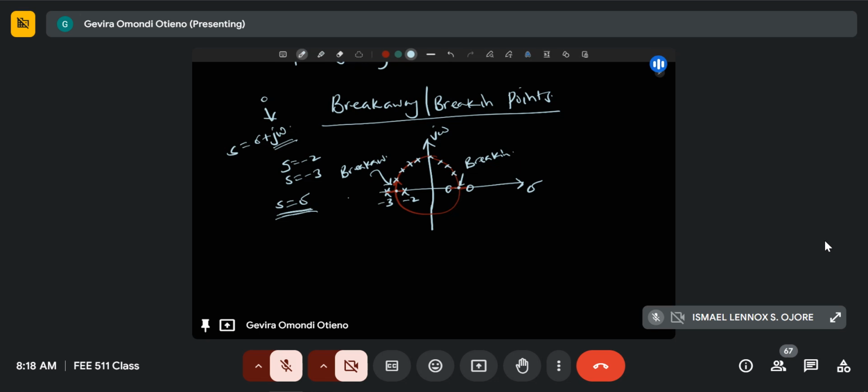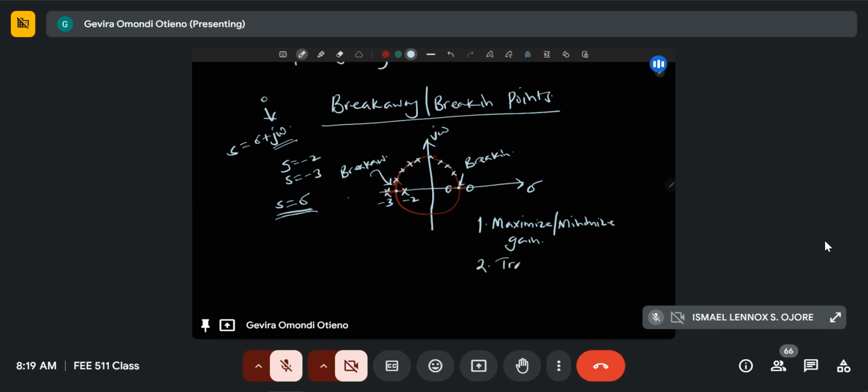The first method is to maximize and minimize the gain.